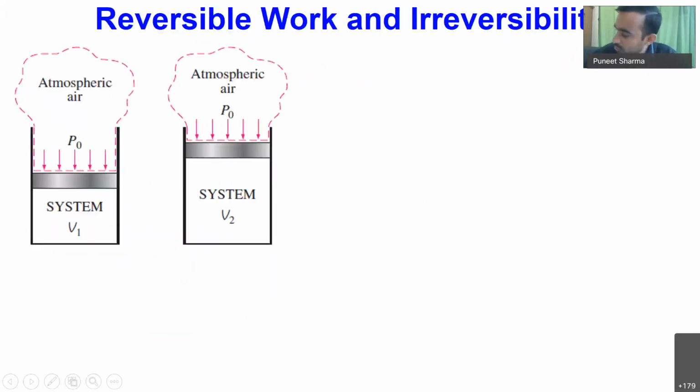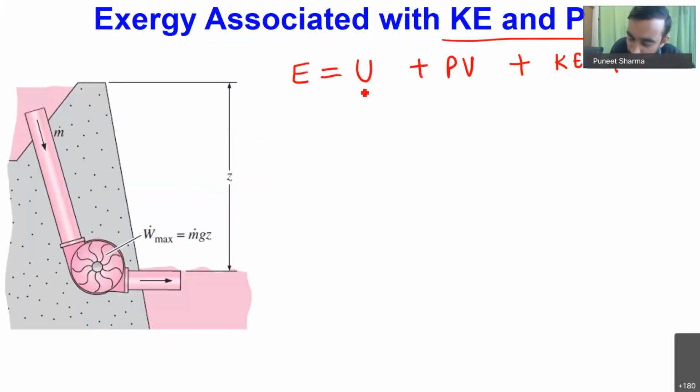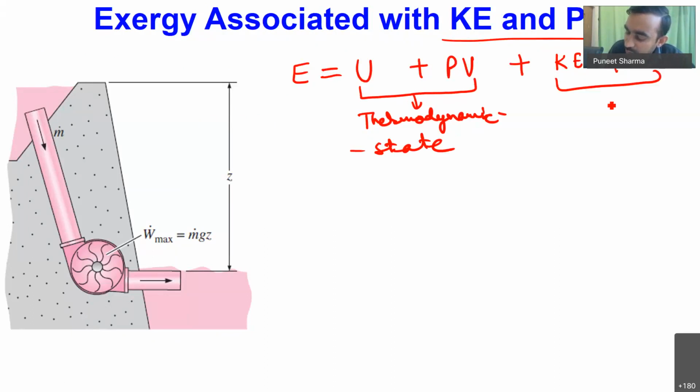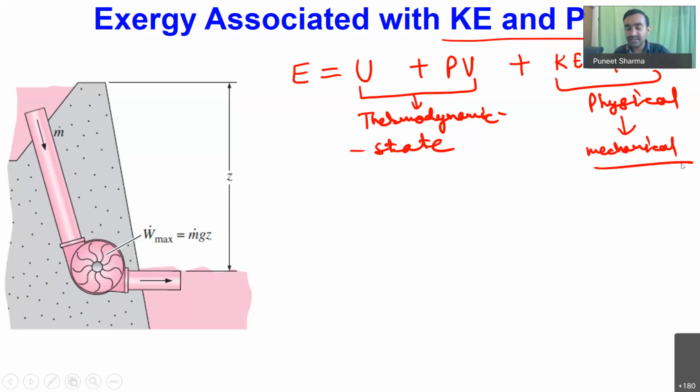I told you in earlier lectures that the first ones depend upon the thermodynamic state of the system, and these two depend upon the physical state of the system. Kinetic energy and potential energy are our mechanical forms of energy, which have a direct correlation with work.